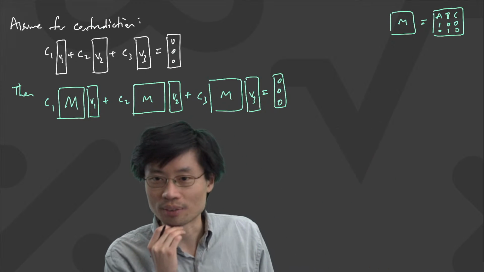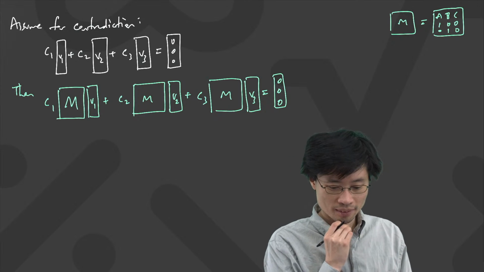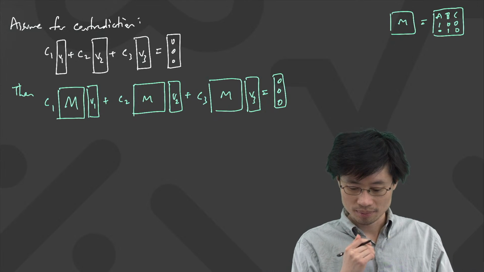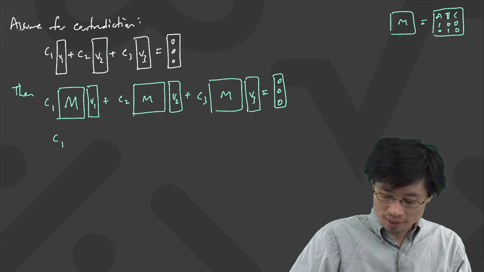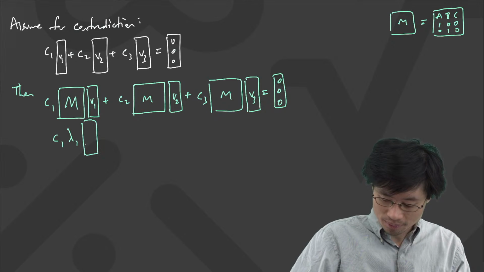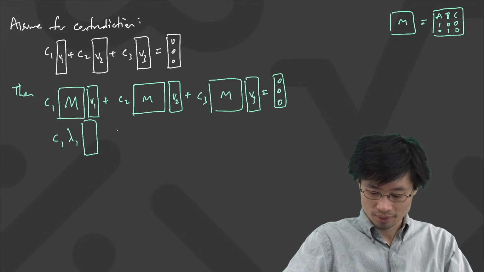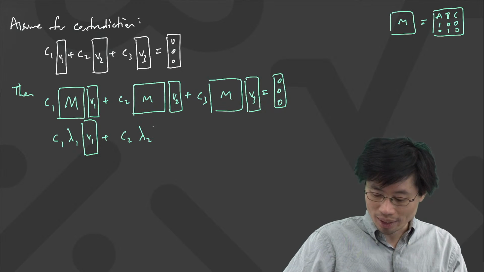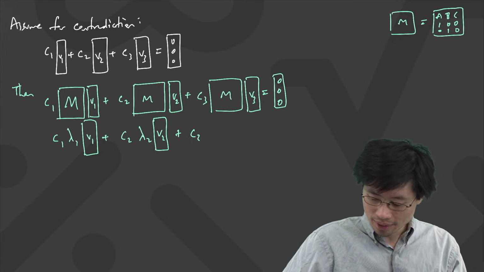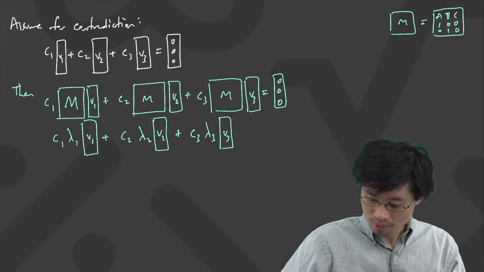Oh, people could hear, but it's really quiet. Yes, you can. So what we found out is that C1 times lambda 1 times V1, plus C2 times lambda 2 times V2, plus C3 times lambda 3 times V3, equals 0, 0, 0.